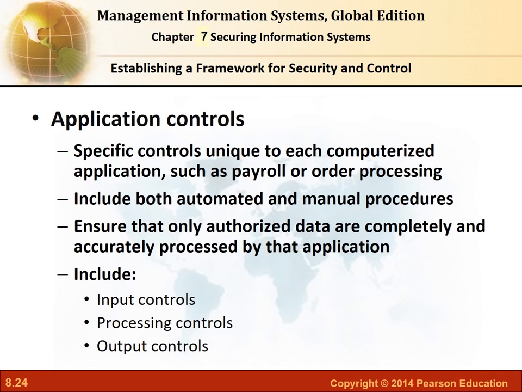There are specific input controls for input authorization, data conversion, data editing, and error handling. Processing controls establish that data are complete and accurate during updating. Run control totals, computer matching, and program edit checks are used as processing controls. Output controls ensure that the results of computer processing are accurate, complete, and properly distributed.